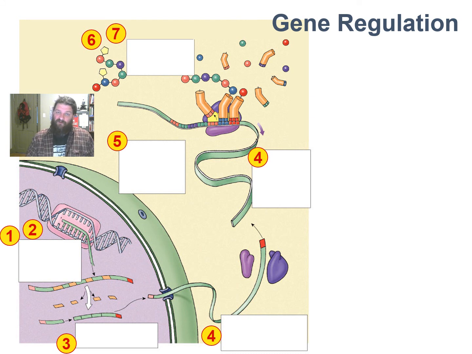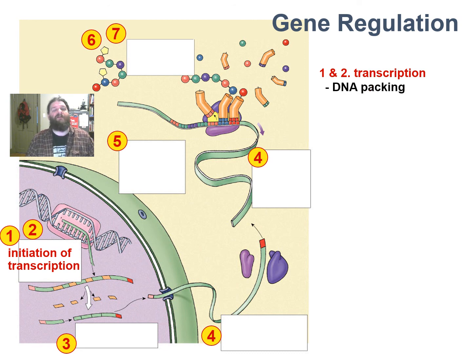To recap and review here at the end of the different control points along the assembly line of gene expression, we have the transcriptional level, which involves whether transcription can start or not. Is the DNA packed too tightly, are there transcription factors there, and do they have access to the DNA itself?